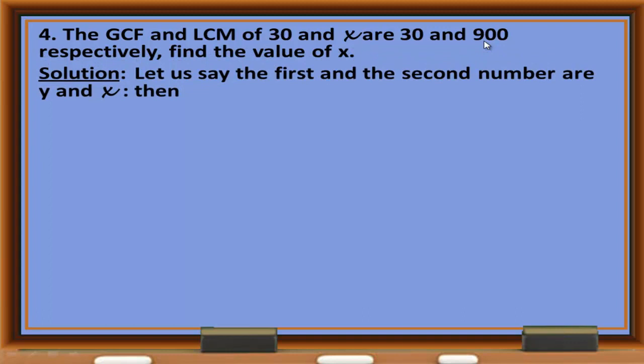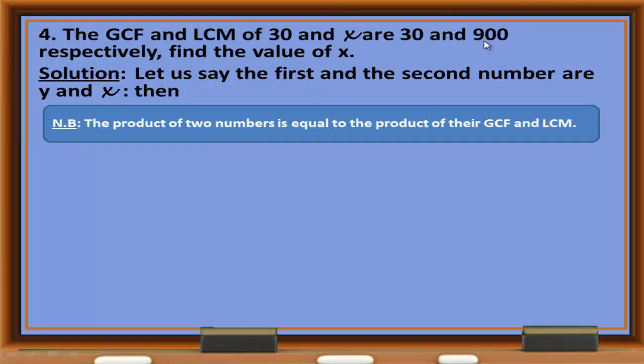Solution. Let us say the first and the second numbers are Y and X. Then the product of two numbers is equal to the product of their GCF and LCM. That is, Y times X, those are the two numbers, is equal to GCF times LCM of those two numbers.